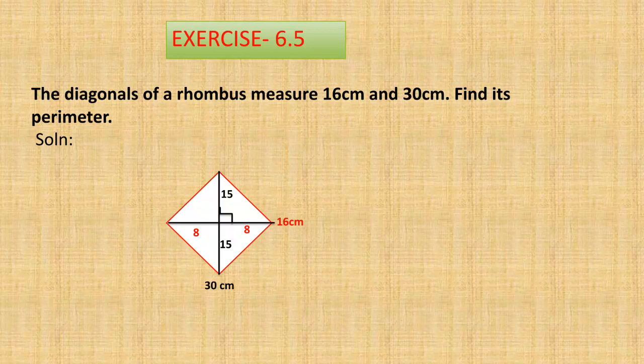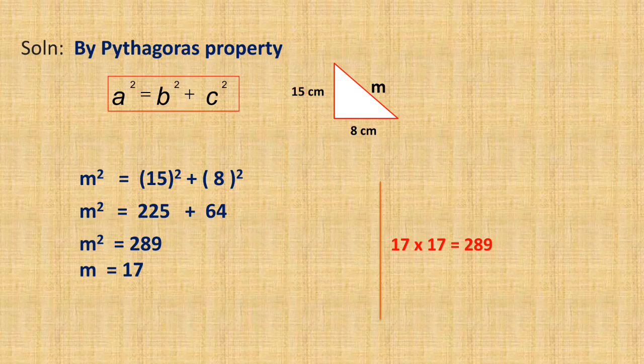Now, take the triangle with 15 cm, 8 cm and take the hypotenuse side as m. What is your property? A square, hypotenuse square, equals the legs' squares, the sum of B square and C square. A is the hypotenuse side.